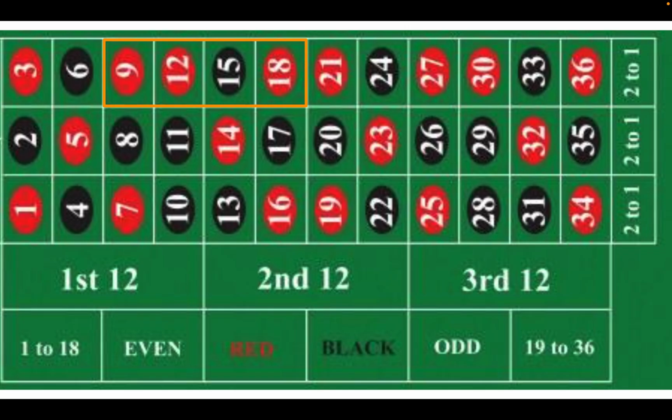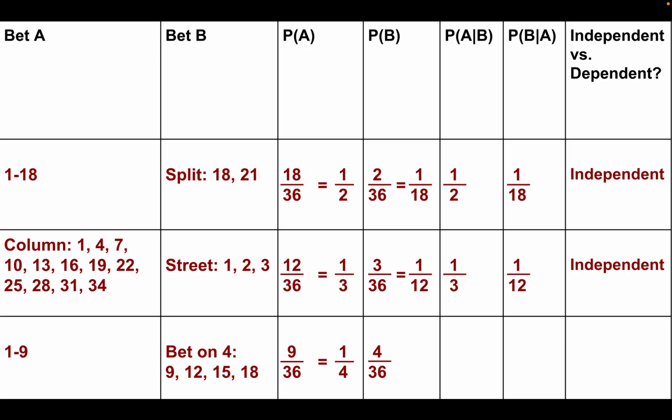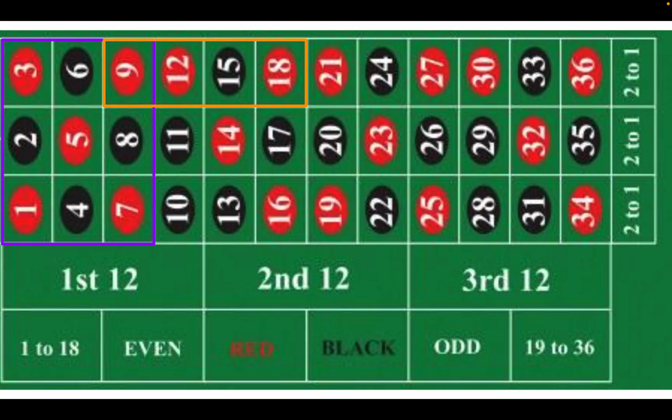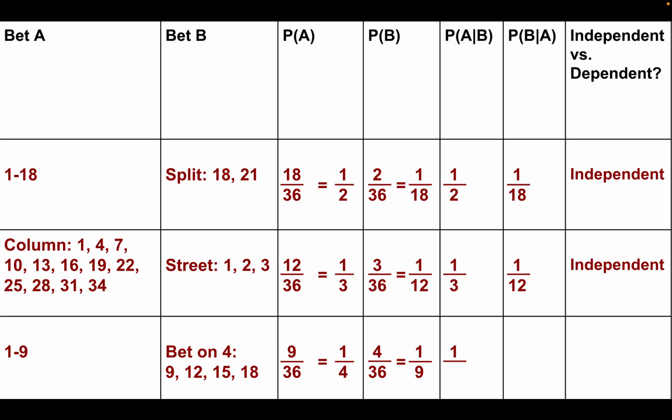Those 4 numbers give me a probability of 4 out of 36, which reduces to 1/9. And then if I look at my overlap, that's 1 number. So this will be 1 out of, and then there's 4 ways to win bet B, so this will be 1/4.